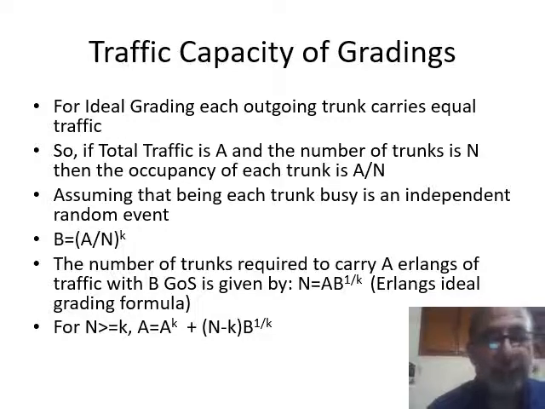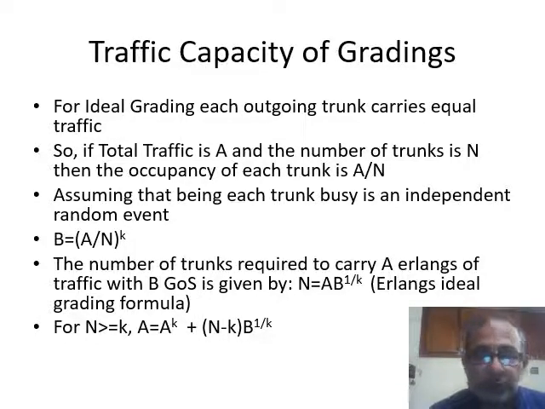For ideal grading, each outgoing trunk carries equal traffic. If we have A Erlangs of traffic and we have N number of trunks, then the occupancy of each trunk would be A over N. If we assume that each trunk being busy is an independent random event, then the grade of service B would be equal to the product of the occupancies of each trunk.